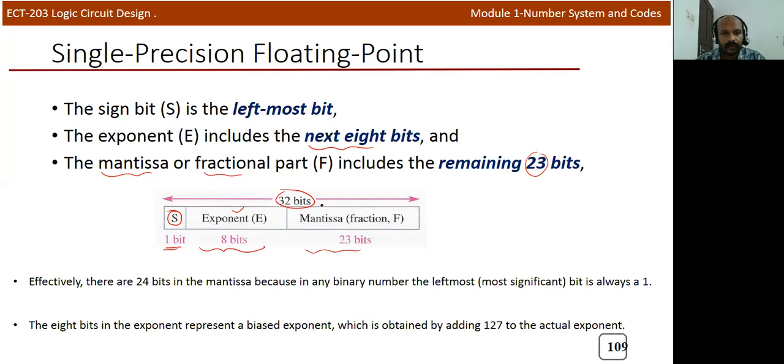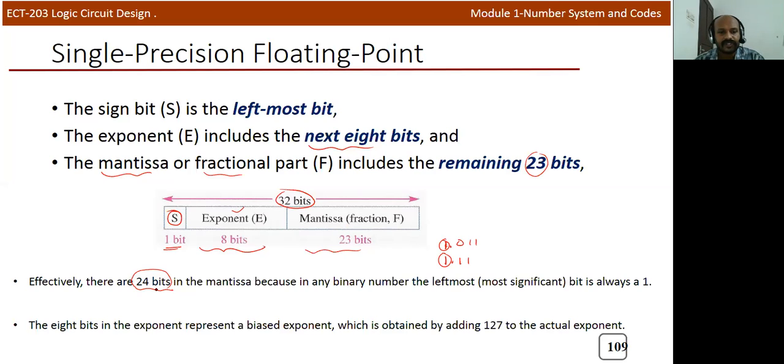When we discuss these 23 bits, the mantissa part can actually represent a 24-bit format. Here you can see it is only representing 23, but when you write a binary number, we always write it like 1 point something. So the 1 is understood without writing it in the format.